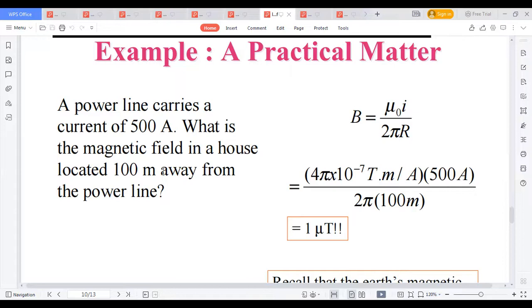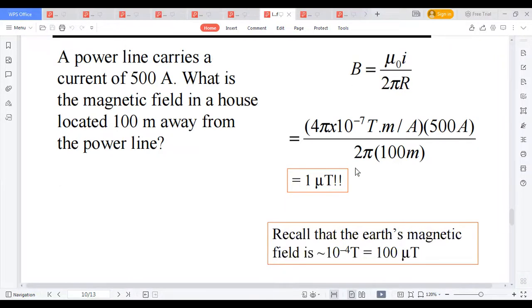Here the current is 500 ampere and the distance is 100 meter. So we use B equals mu naught I divided by twice pi r, where mu naught is the permeability constant, 4 pi times 10 to the power minus 7 Tesla meter per ampere.